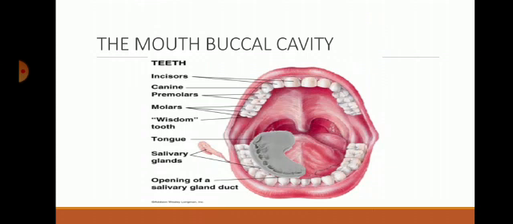Canines: these are two large pointed teeth just behind the incisors in each jaw for piercing and tearing the food.